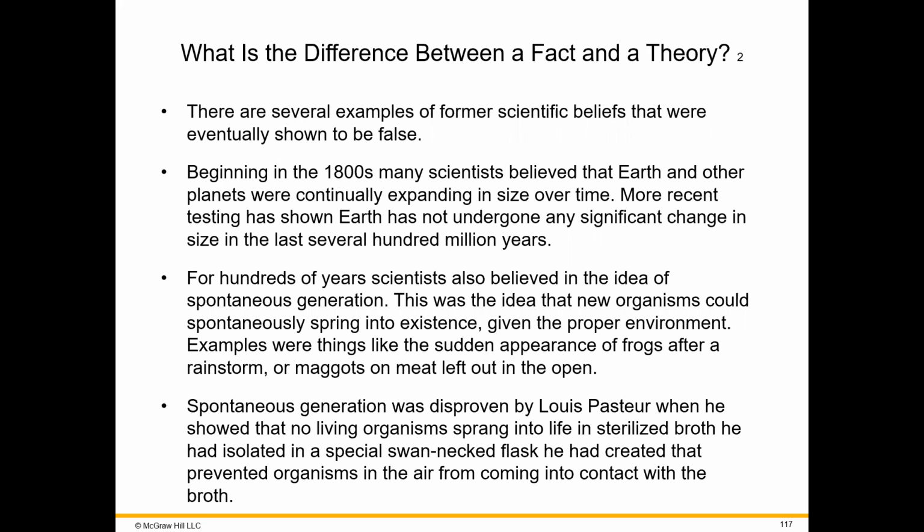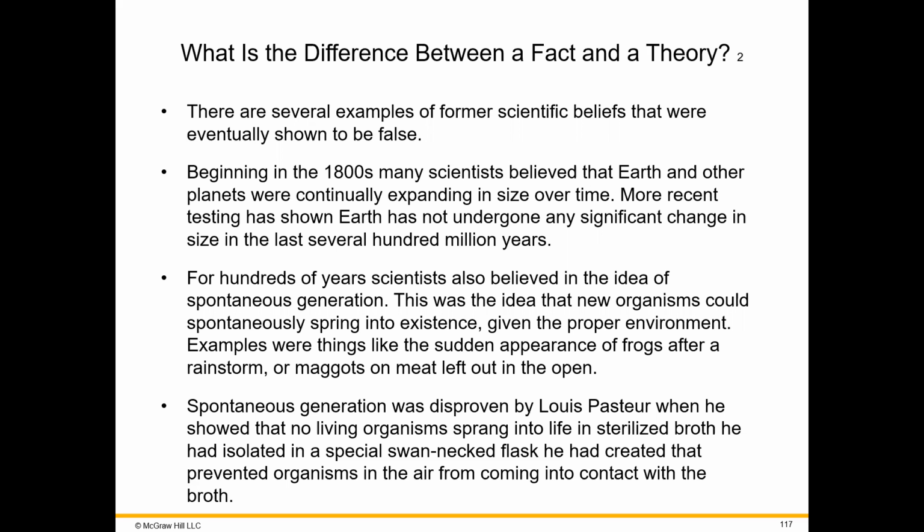Here are some excellent examples of former scientific facts that were eventually shown to be false. So they are now considered scientific beliefs, right? In the 1800s, many scientists believed that Earth and other planets were continually expanding in size over time.